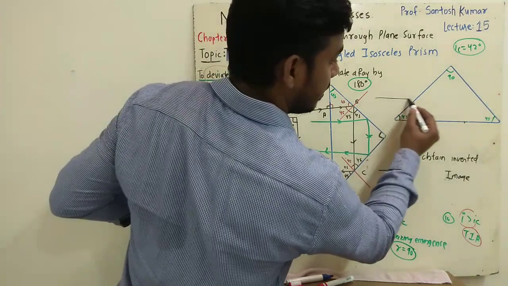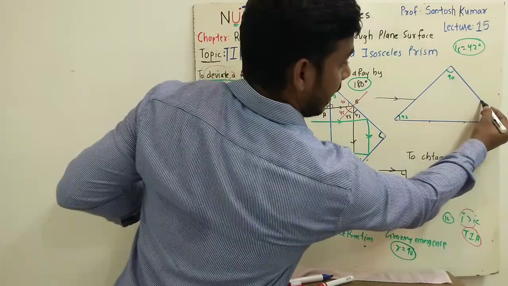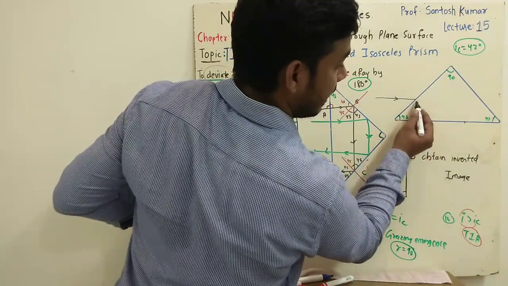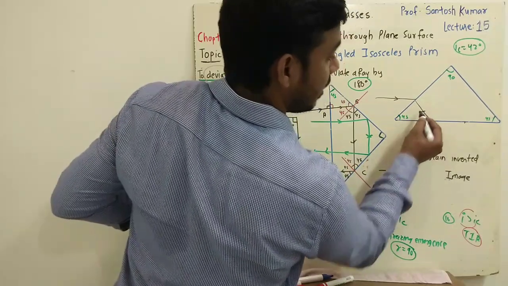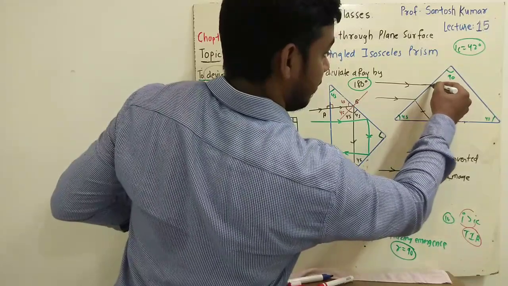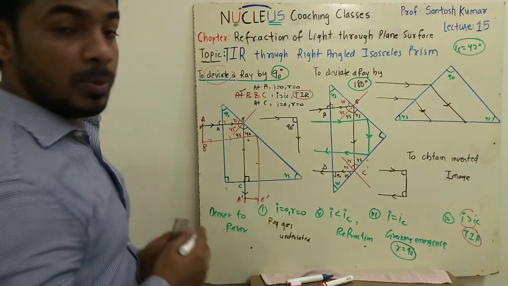Consider one of the rays traveling parallel to the base, and let this ray be incident at this point. The other ray which was traveling parallel, after refraction, will meet at this point. Consider both the rays to be parallel.